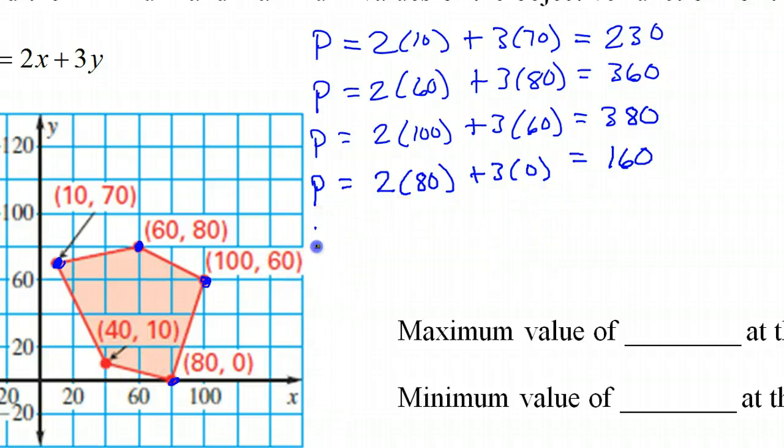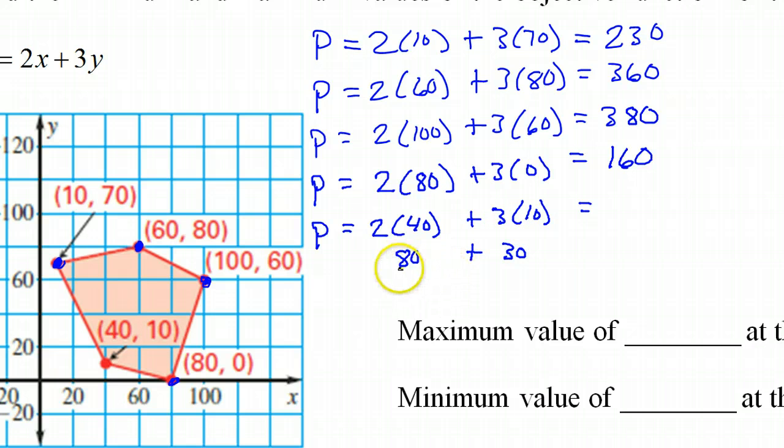That just leaves one more, which will be 2 times 40, plus 3 times 10. 2 times 40 is 80. 3 times 10 is 30. So that's 110.